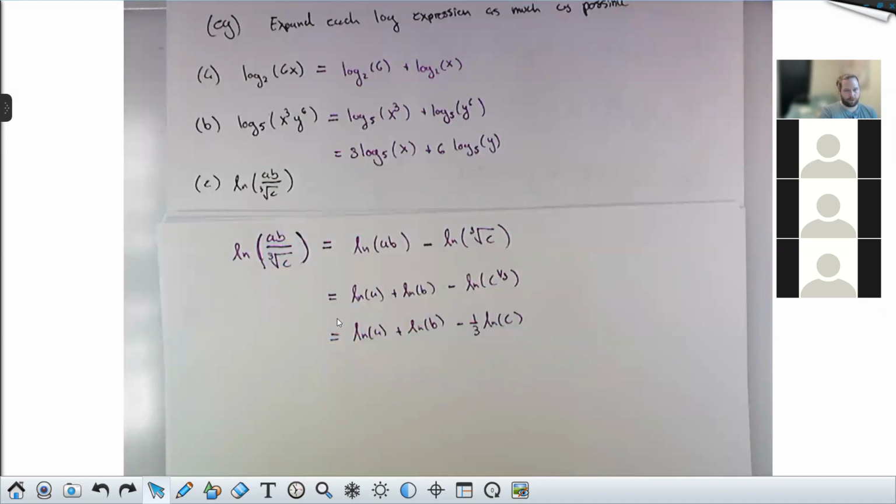And the next example, part D, is a good place to show one way we can make mistakes there. But that little mental check is a good one. So if a term was downstairs inside the log, the corresponding term in the expanded version should be negative. And if a term was upstairs inside the log, its term should be positive in the expanded version.